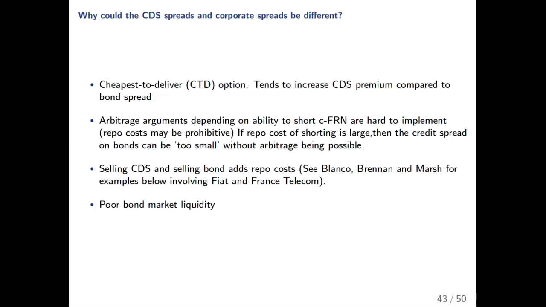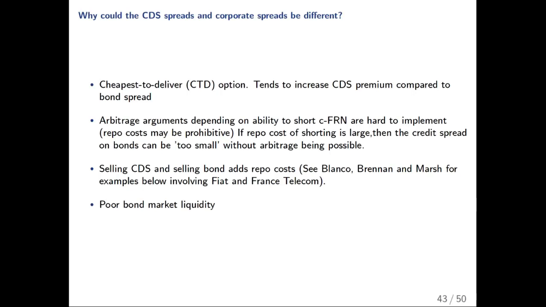A CDS contract is not written on a single reference entity, but on a basket of reference entities. For a particular company, you will have a range of maturities for which you can deliver the bond, and this tends to increase the CDS premium because it reduces the cost of delivery by the seller.